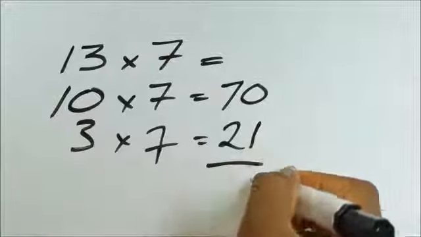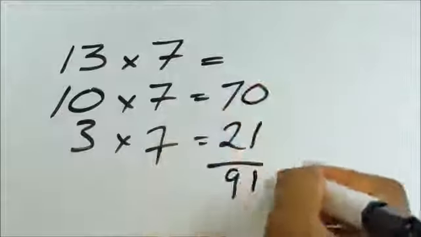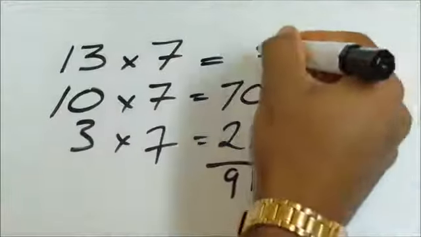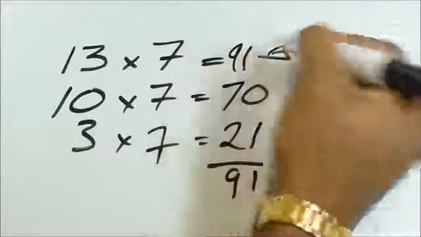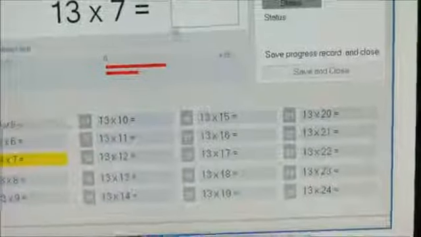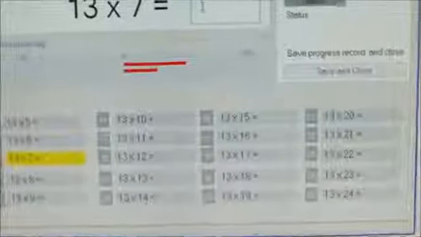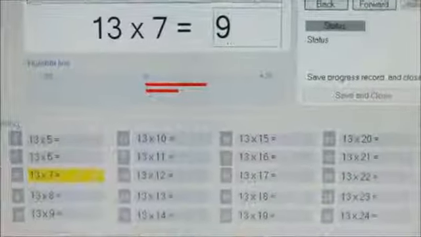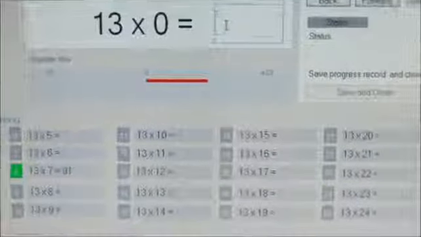Add them up here, that's 1, 7, 9, and there's your answer there, 91. 13 times 7, and if you just enter your answer, see by the green check mark that everything's okay so far.